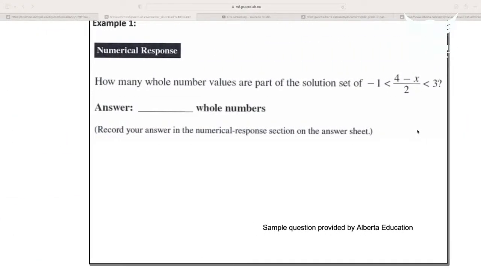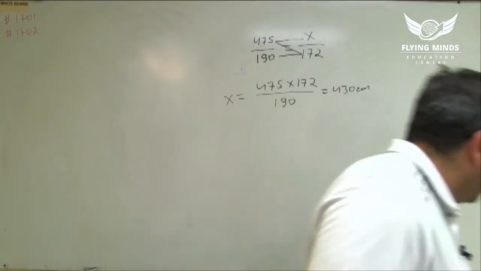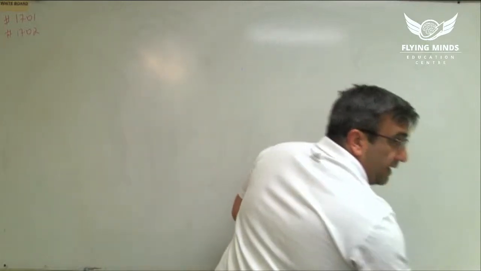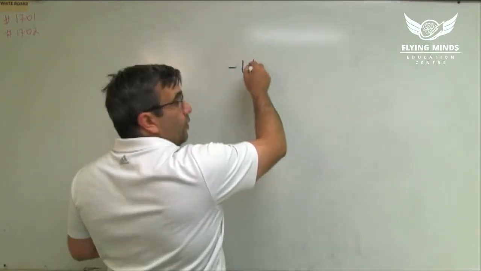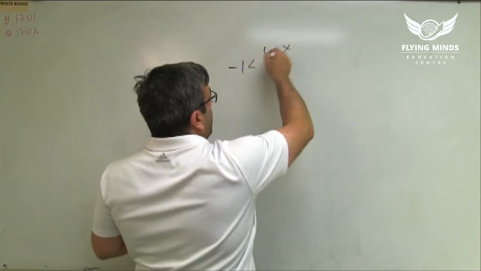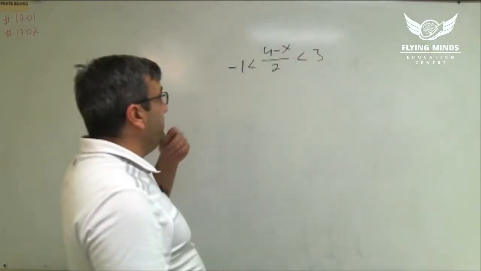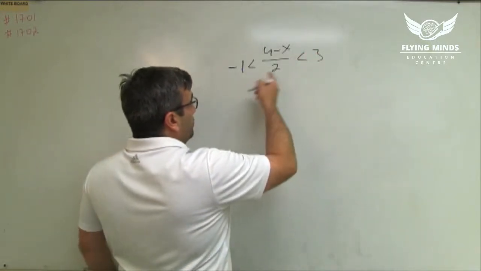Okay, so next question, how many whole number values are part of the solution set? Okay, so we need to solve the inequality. Let's do it. Negative 1 is less than (4 minus x) over 2, which is less than 3. So we'll multiply everything by 2.